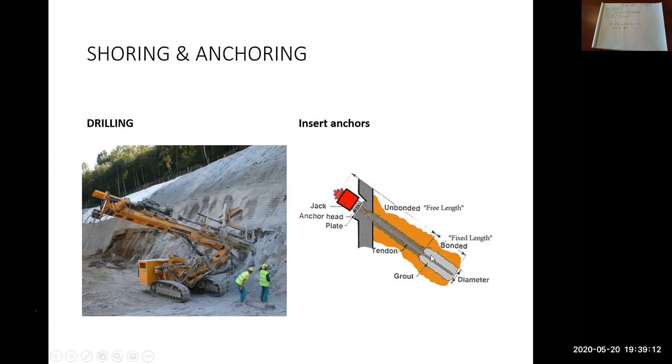The anchor is not moving. This jack is pulling very hard on the anchor, so what it's doing is pulling this plate into the shotcrete. So it's holding the shotcrete face there. Again, I'm not going to get into the engineering aspect of how this works. You just need to know the basics of how these go in.